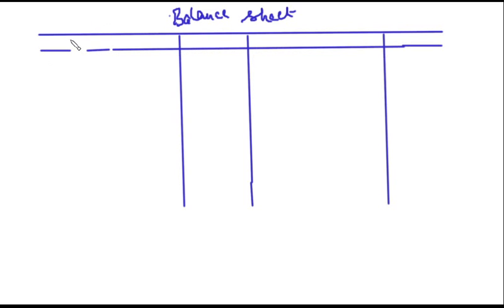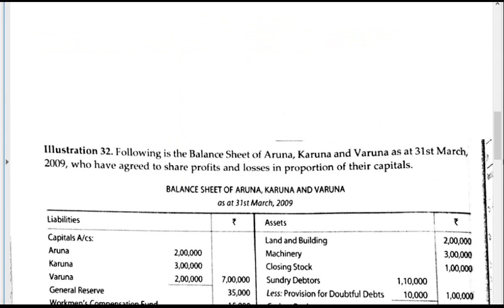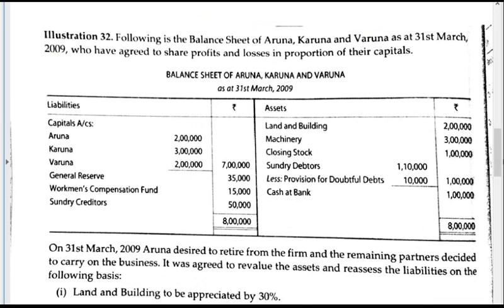Okay, right? So we have liabilities, amount, assets, and amount. See the existing balance sheet. First of all, land and building. It has been appreciated by 30%. What is the value of land and building now? 2,60,000.